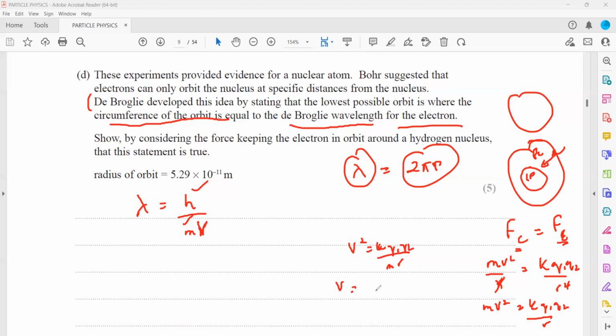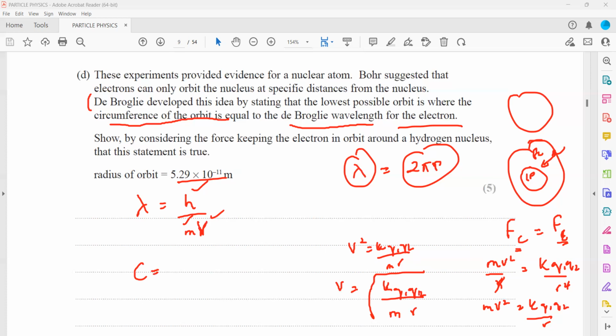To get the value of v, it will be k times q1, the charge of the proton, and q2, the charge of the electron, which is the same, 1.6 × 10^-19, over m, the mass of the electron, and r, the radius in which it is moving, which they provide. We take the root and that gives us v. After getting v, we get lambda.